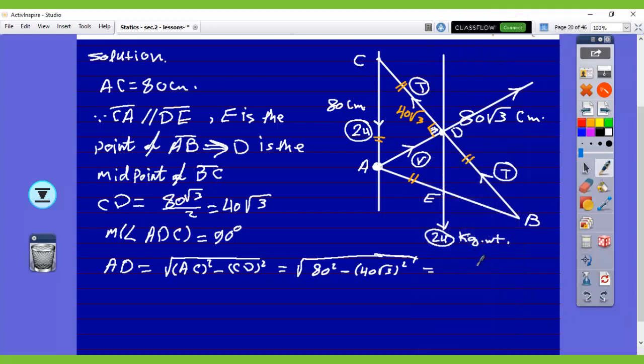So the length of AD equals 40 centimeters, and the length of DC equals 40 root 3, and AC equals 80 centimeters.